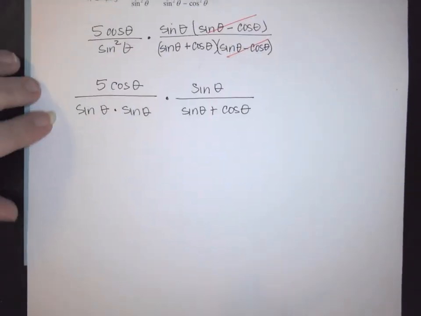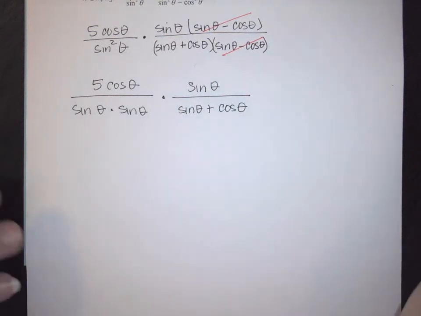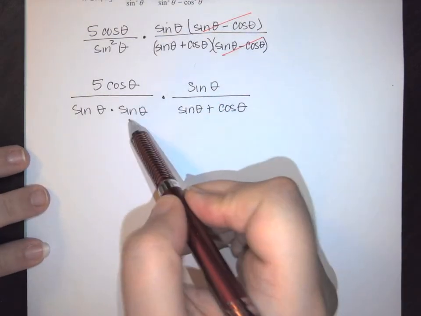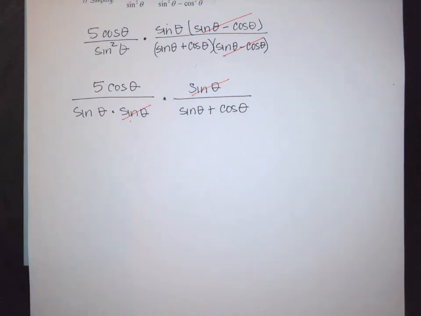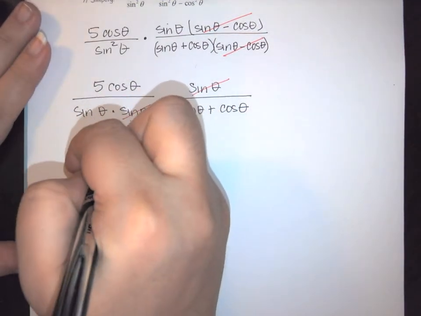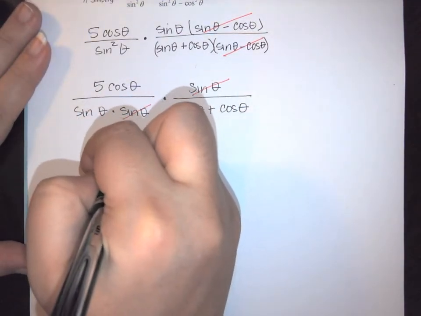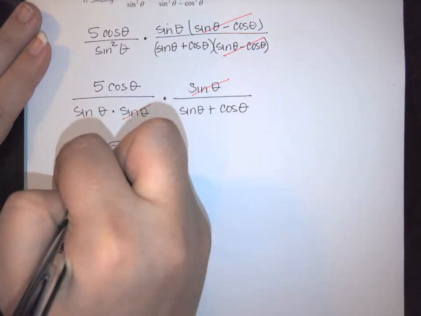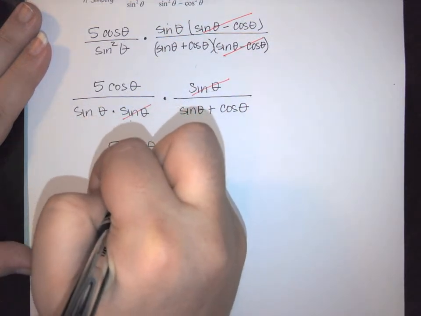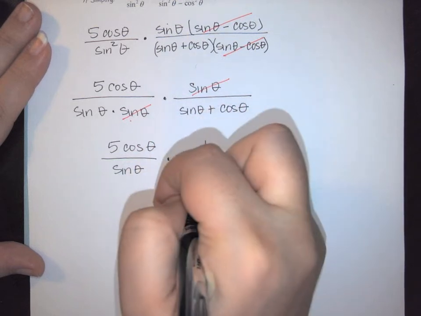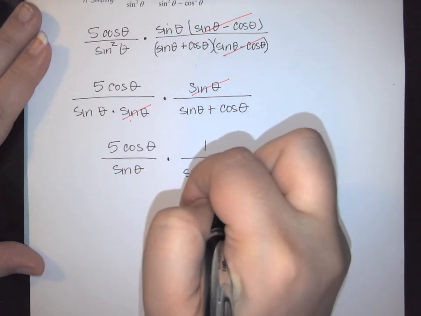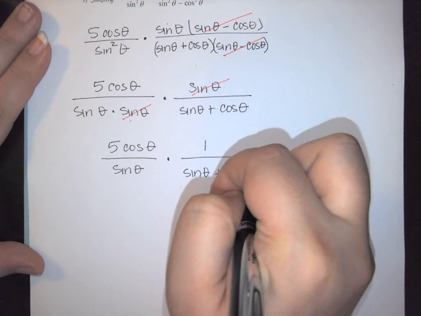Now if you look, we can do a little bit of canceling again, because notice I have a sine on top and a sine on bottom, so one of these can go away. And so here I am left with 5 cosine of theta over the sine, and I'm multiplying this by 1 over the sine of theta plus the cosine.